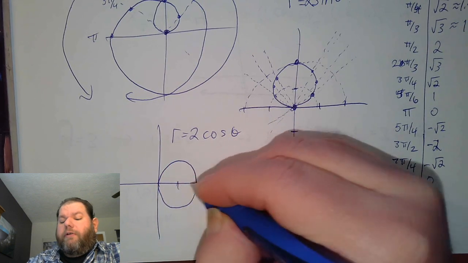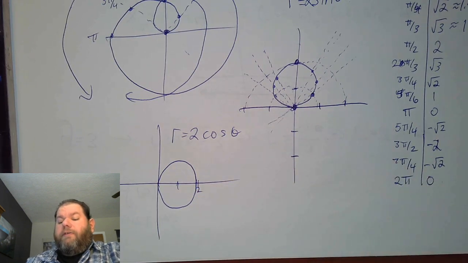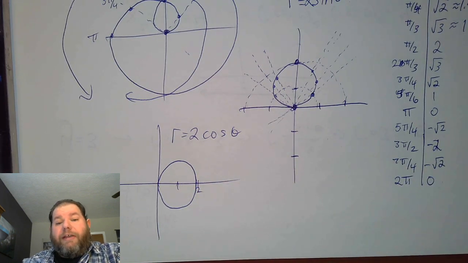Wow, that's not a great circle. And so that is a circle with diameter 2. Notice that's diameter, not radius, that we're talking about. But now it sits on the right-hand side of the origin rather than on top of the origin.